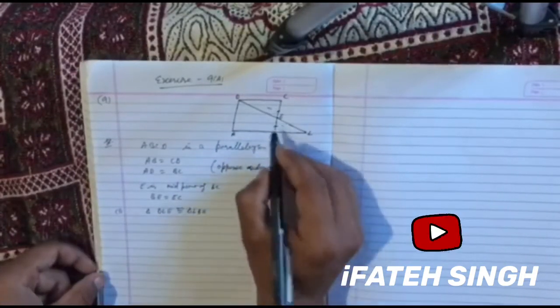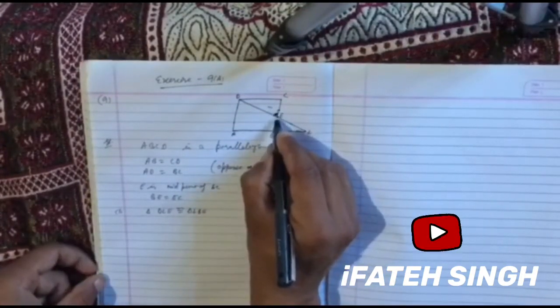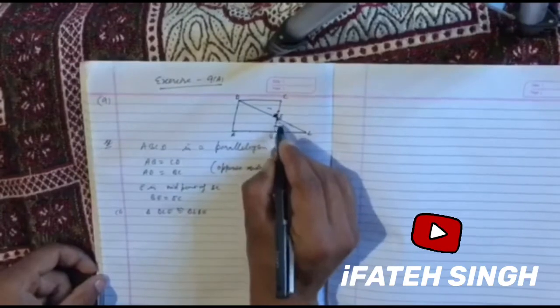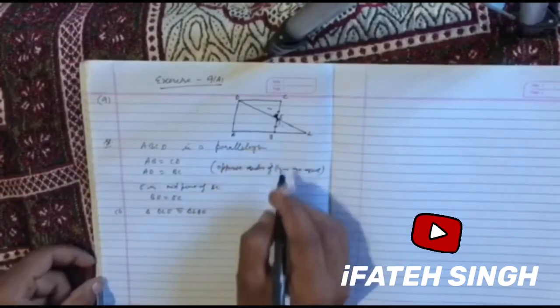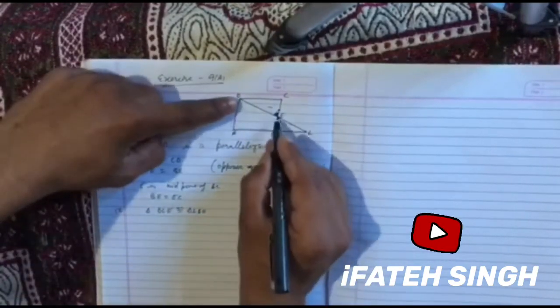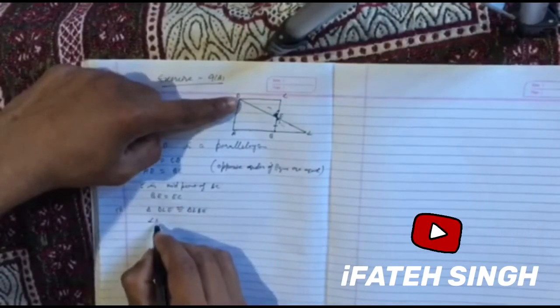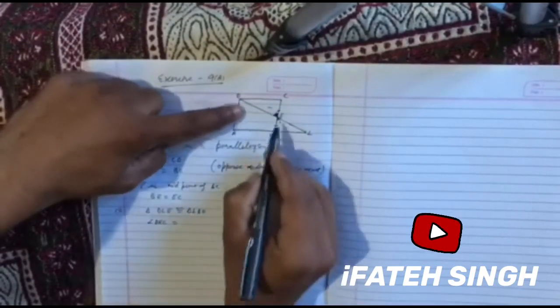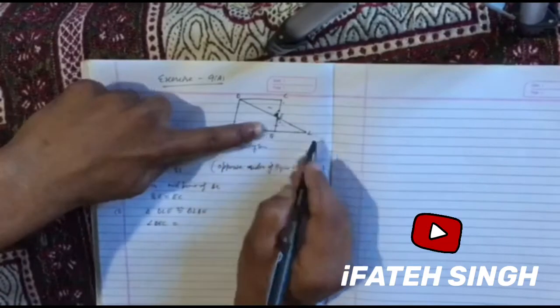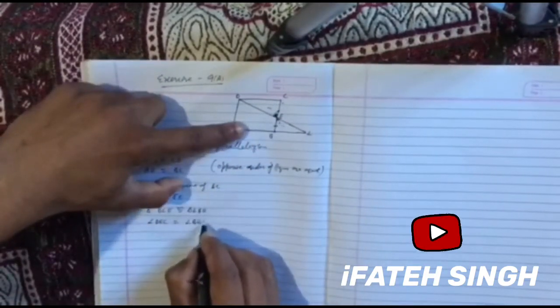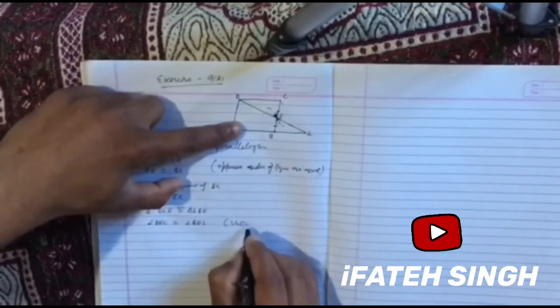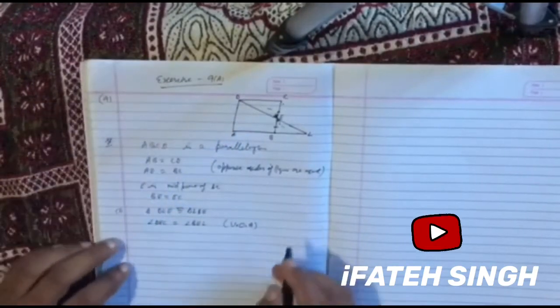First of all, these two angles are equal because they are vertically opposite angles. Angle DEC is equal to angle BEL. Reason is vertically opposite angles.